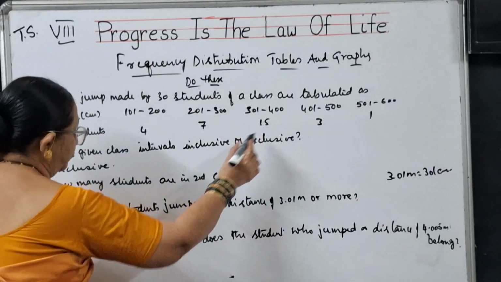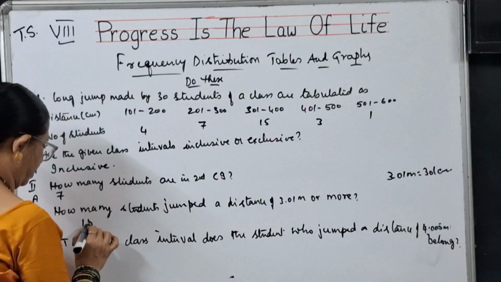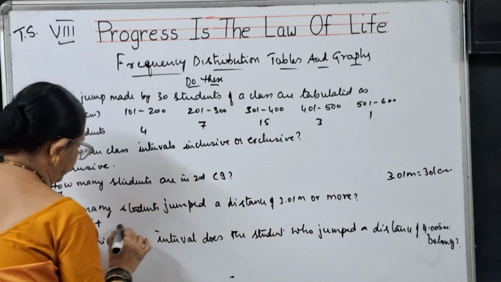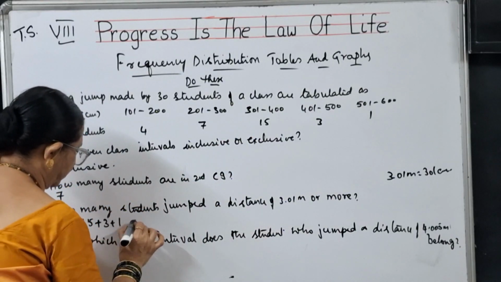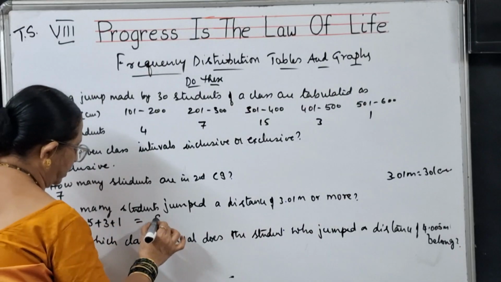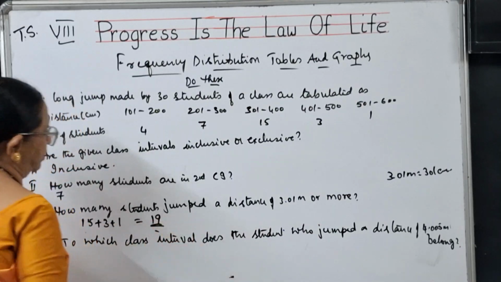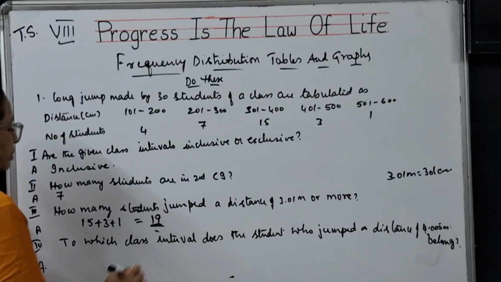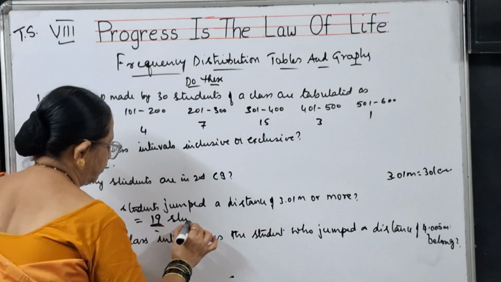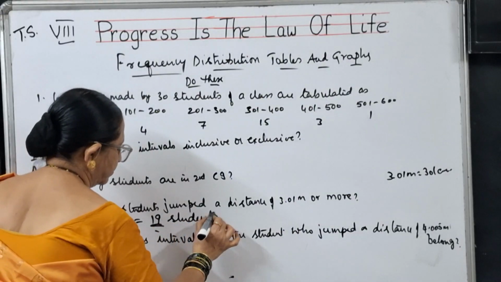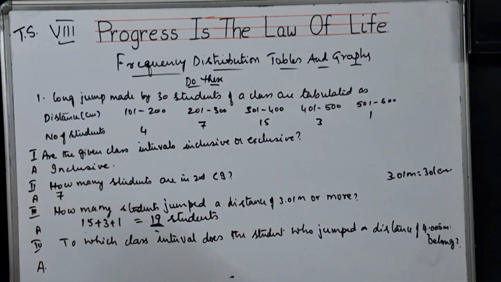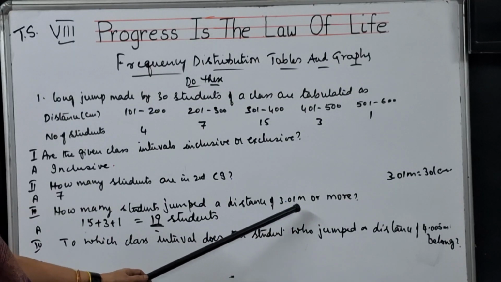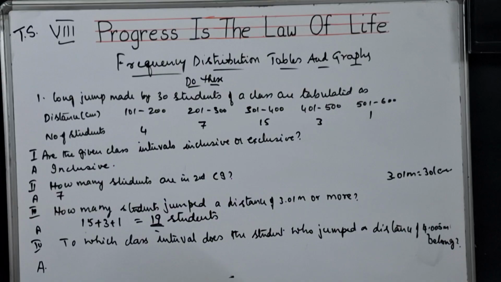This is 15 plus next 3 plus 1. So 8, 9, 19 students jumped. 19 students are there who jumped a distance of 3.01 meters or more.